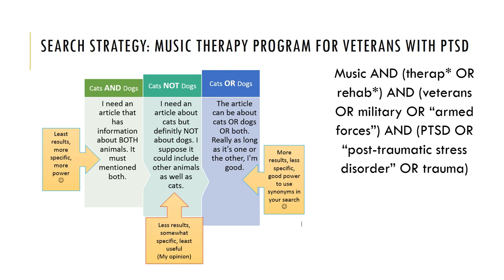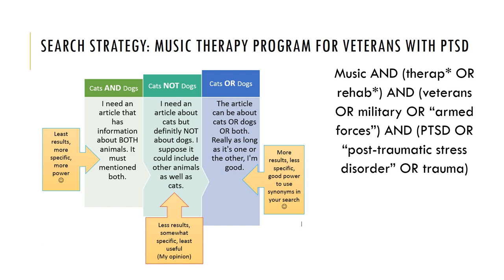So I have therap star, which could be therapy, or therapeutic, or therapies. All of those are good with me, so it's going to do some work for me. Instead of me actually having to type those in, I put therap star and it does it for me. Then it'll do the same thing for rehabilitation, rehab, rehabilitate, etc.